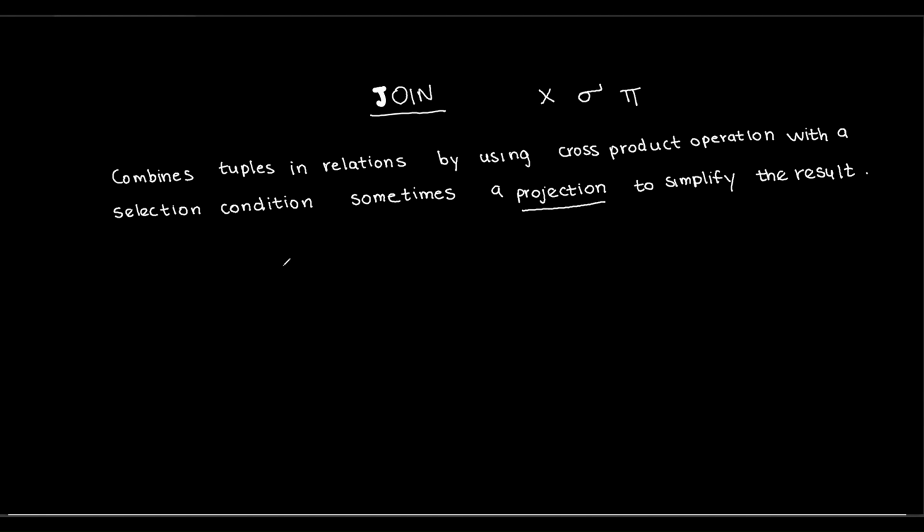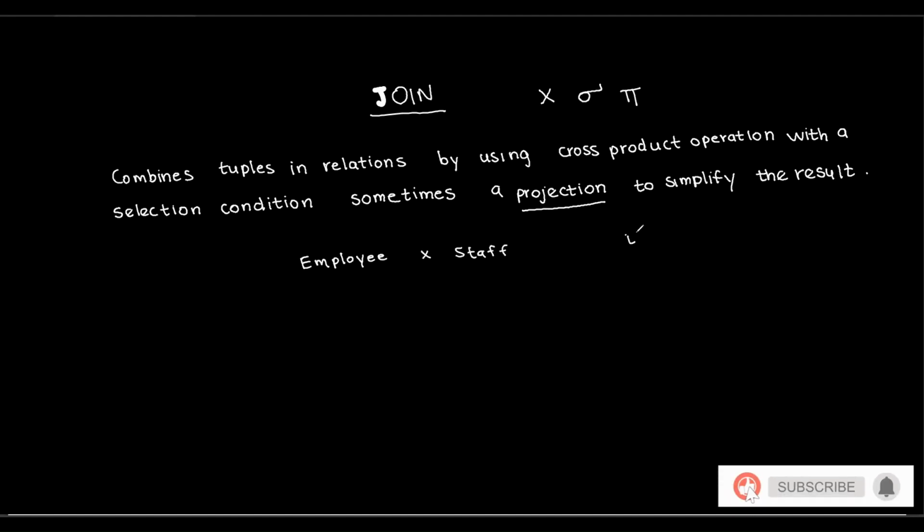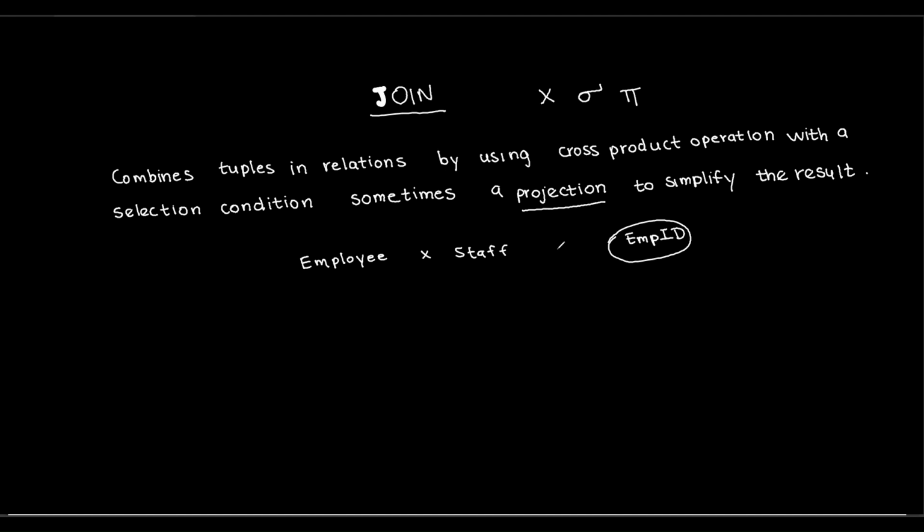For example, if there is a cross product between the employee relation and the staff relation, emp id will be a common attribute for these two relations. So when this happens, there will be duplicate attributes sometimes. To avoid that, we are going to use projection in the join compound operation.